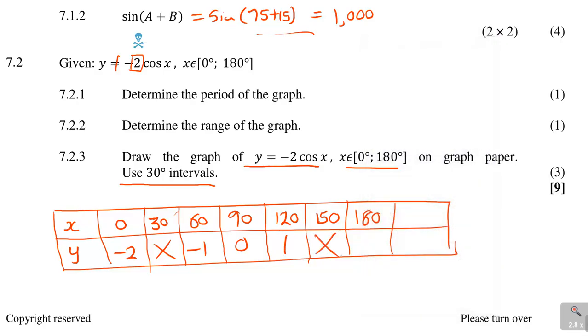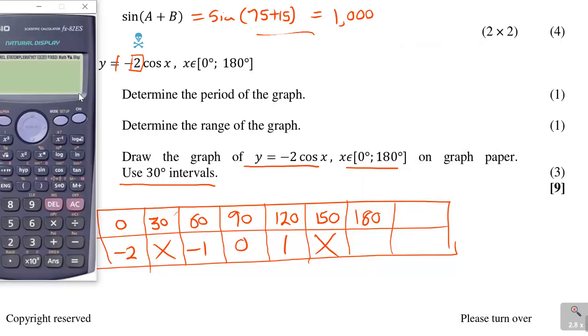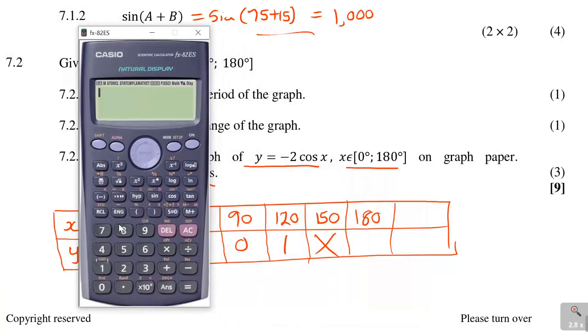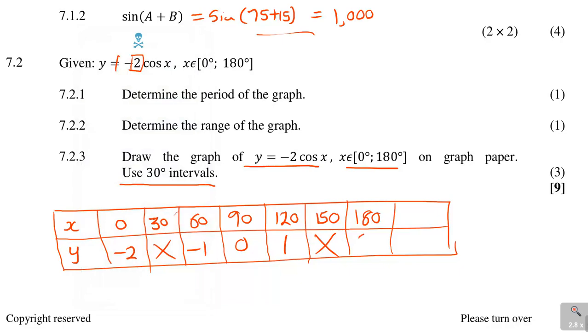I think 150 refused. And then we have minus 2 cos 150, let's try it just for proof. You see that it gave us root 3, which, if you say root 3, you see it's a long number, but let's do 180 there. It gave us a positive 2. Then this is what you'll be plotting.